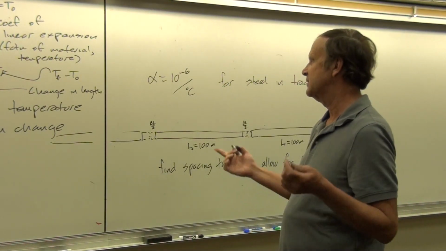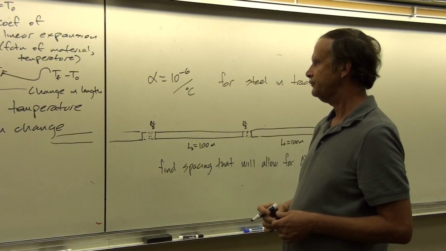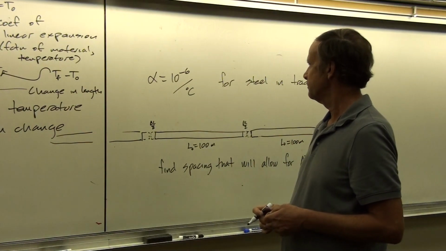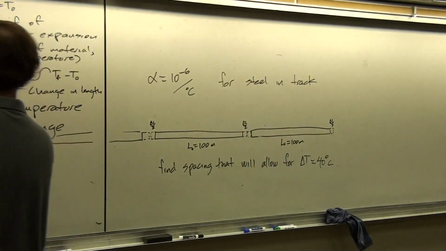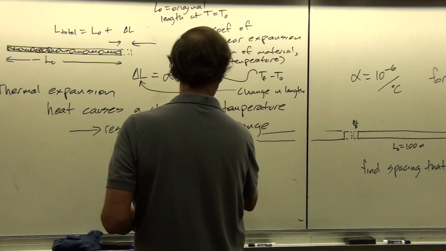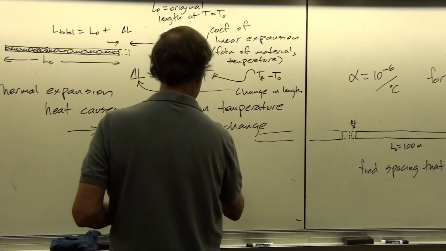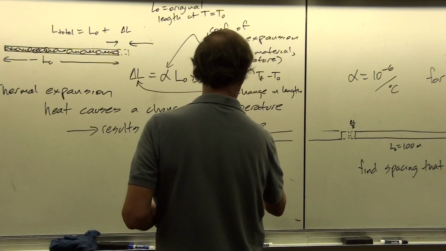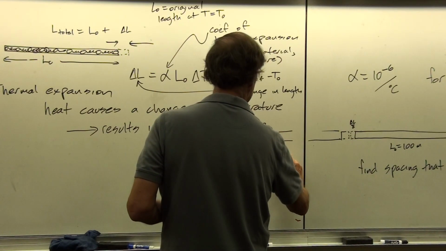Or that's just the delta L that we're looking at in this calculation, this equation. So we can write here delta L then would be alpha 10 to the minus 6 per degree centigrade times L naught 100 meters times delta T 40 degrees centigrade.